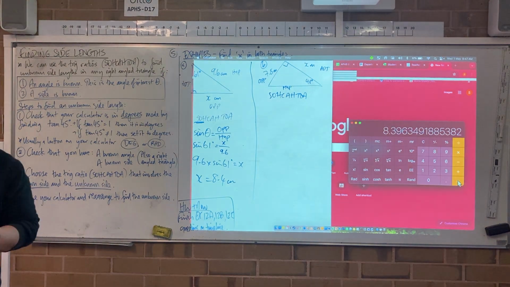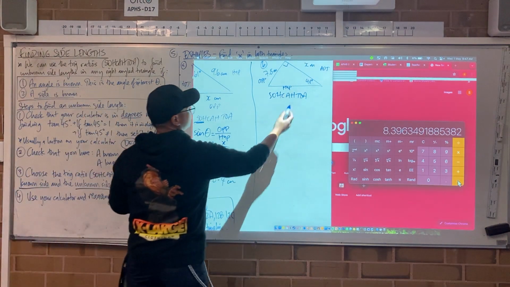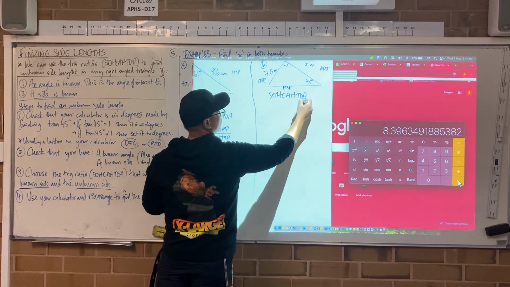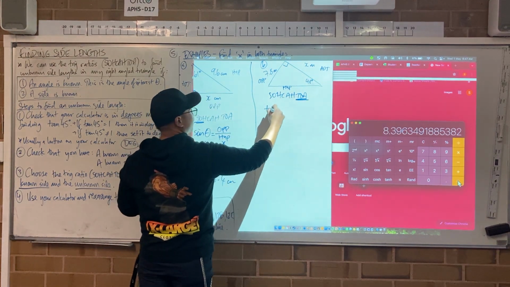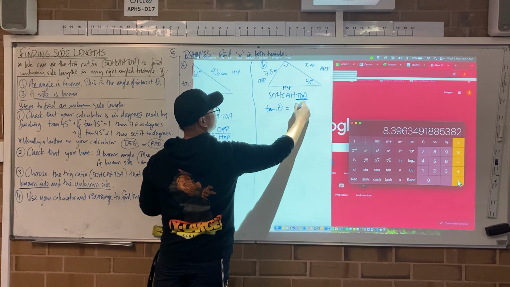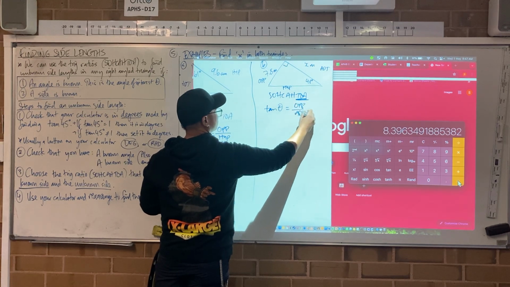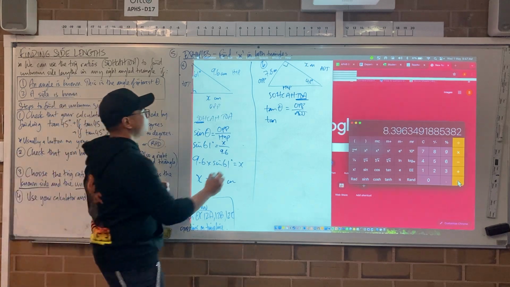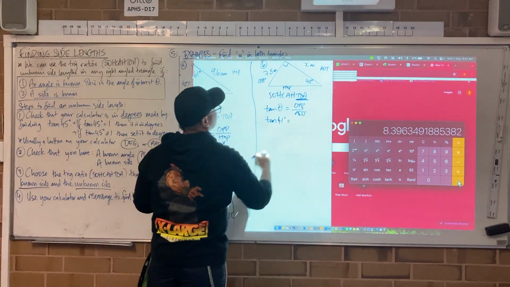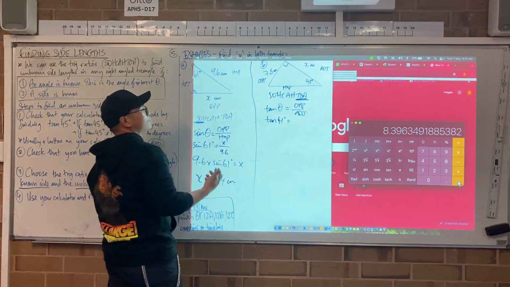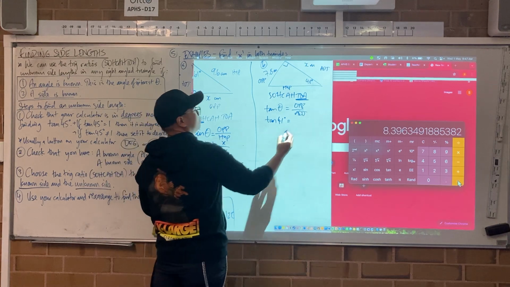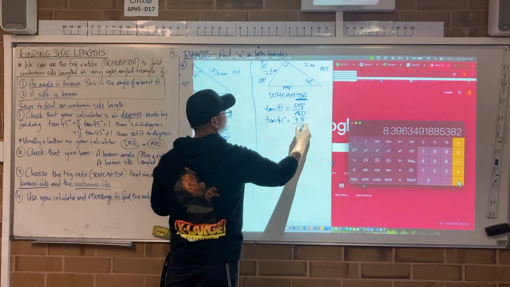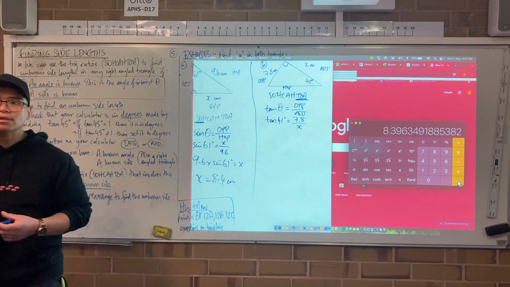Sorry? So with your chest, tan. Why? Opposite and adjacent. TOA. So tan theta is equal to opposite. What is the angle? 41. What is the opposite? 7.8. Yeah. Over x.